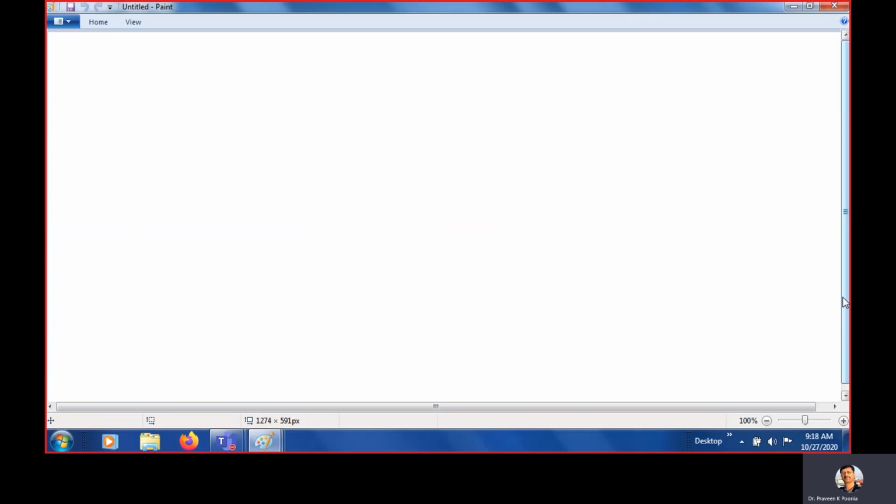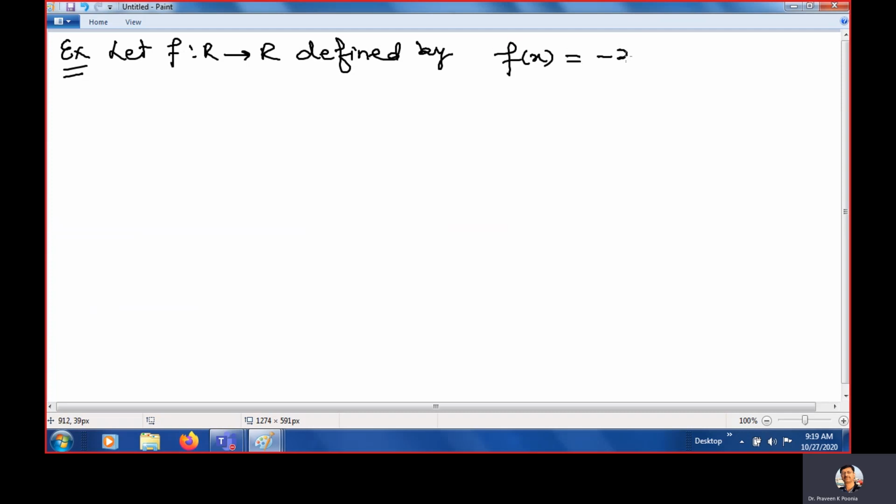Clear? Let us take one more question in which we will take x negative. Let f from R to R be defined by f(x) equals minus 2x plus 7.